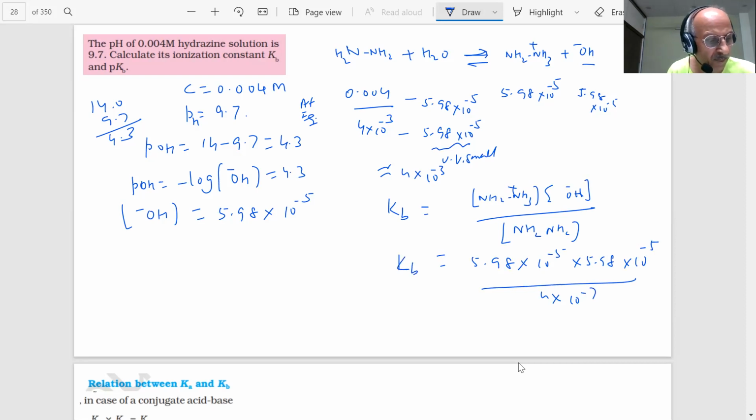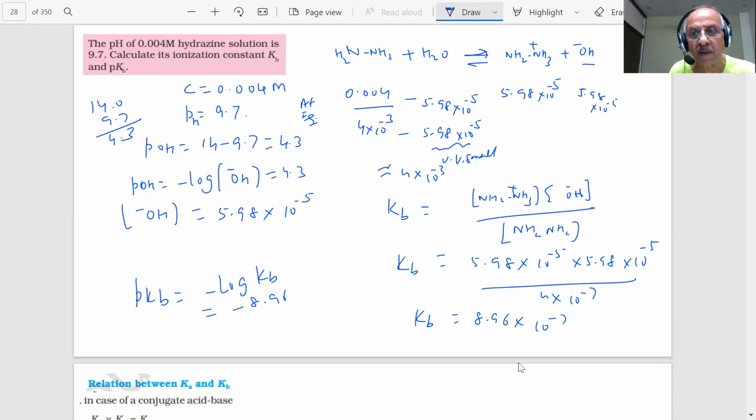Kb value, yes, sir, 8.96 into 10 minus 7. What else do you want to find out? Then what is pKb, students? pKb is minus log Kb, which will be 7 minus log 8.96.